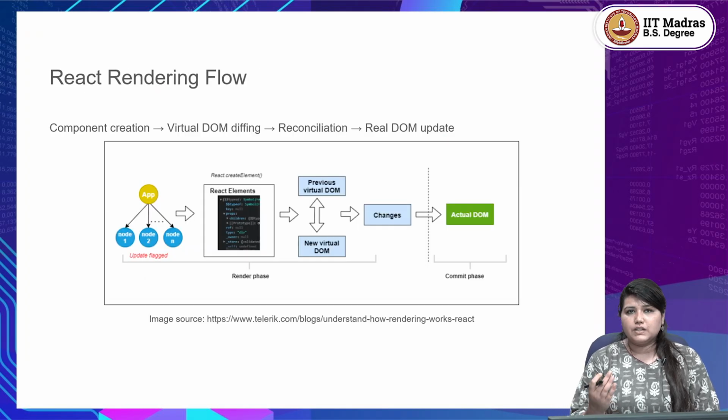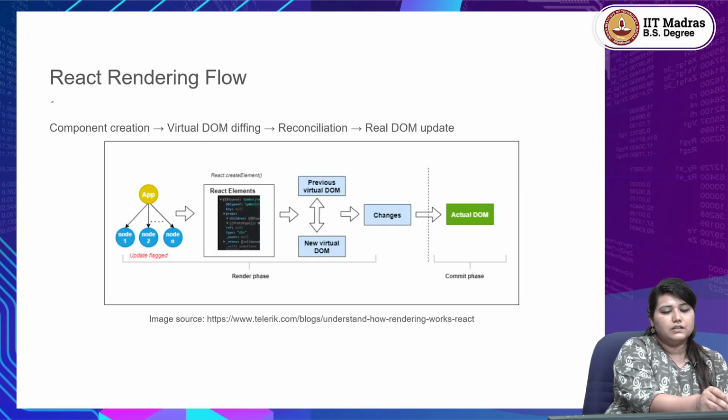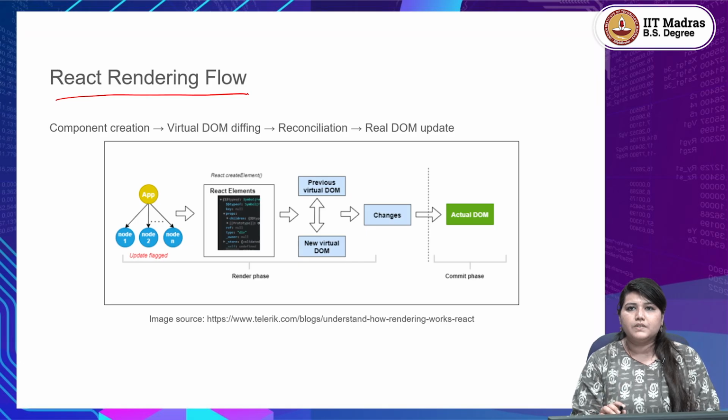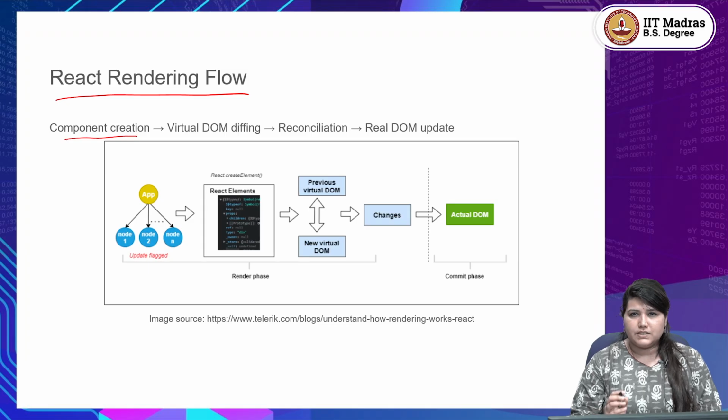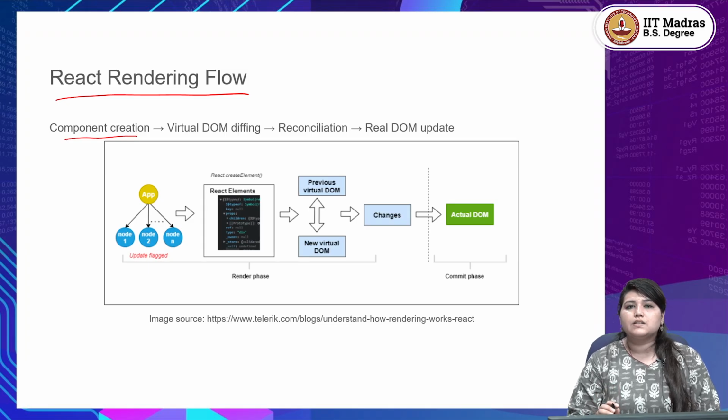Finally, let's take a look at the React rendering flow. This will help you see the bigger picture of how React processes UI updates. It starts with component creation. When the app loads or data changes, React components are instantiated or re-rendered. Next, React builds or updates the virtual DOM.